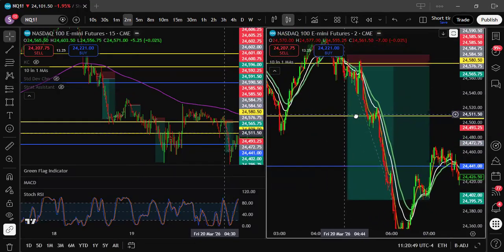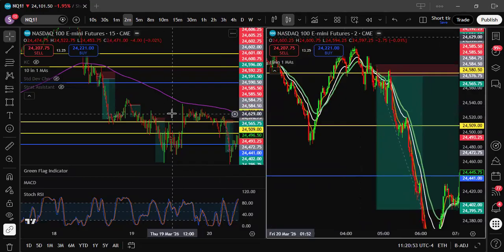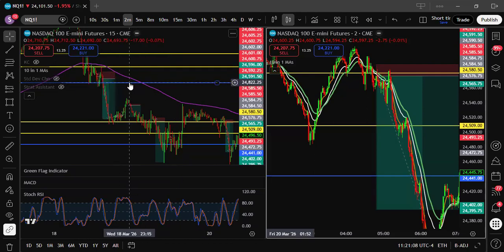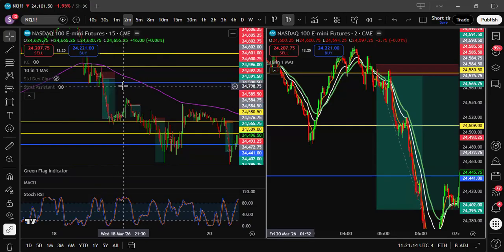I want to clarify what I'm doing with the EMAs with the 513 and 20. When they're in alignment, all going in one direction, it's very powerful, very good strength. Now, what we're going to do is collaborate the 15 minute and the 2 minute. On the 15 minute, I need my 200 EMA, and I'm looking for when price is below or above the 200 EMA.